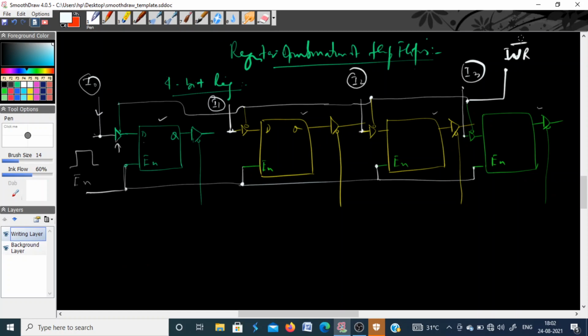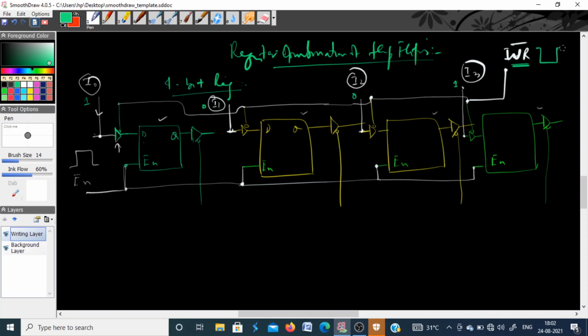Okay, so what will happen? If there is some data on the inputs, suppose I have 1 here, I1 is suppose 0, I2 is 0, I3 is 1, and you want to store these 4 bits into this memory, this register in fact. So what you have to do, you have to simply send a control signal on the write pin.